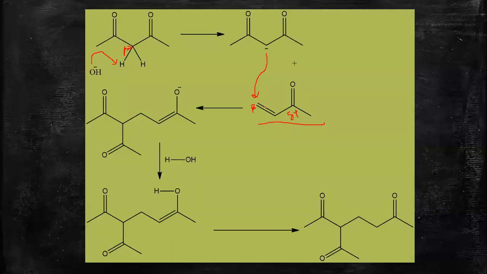Now this would attack here and bond shifting occurs like this, and we have this compound. If we consider it position 1, this is 2, 3, and 4. That's why this is a 1,4 addition.